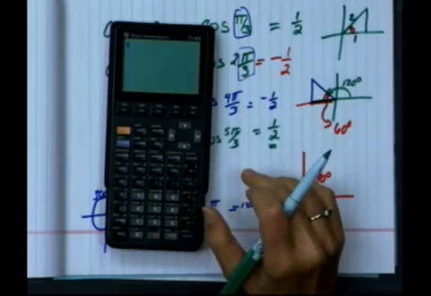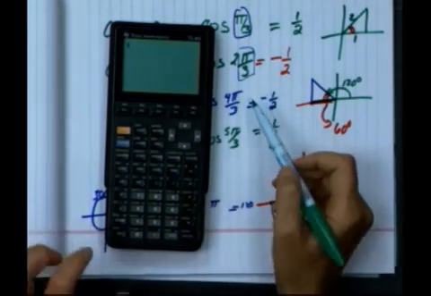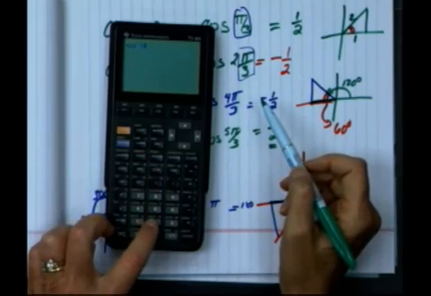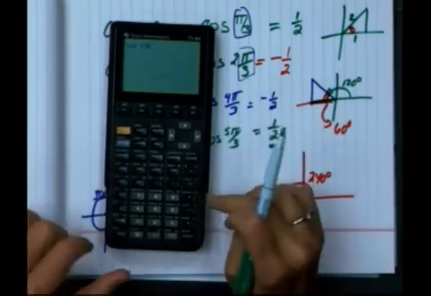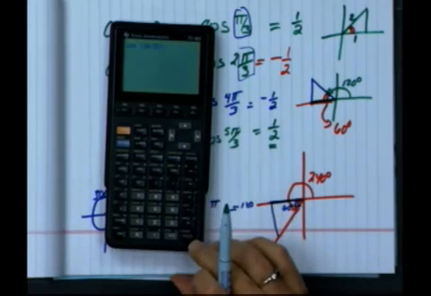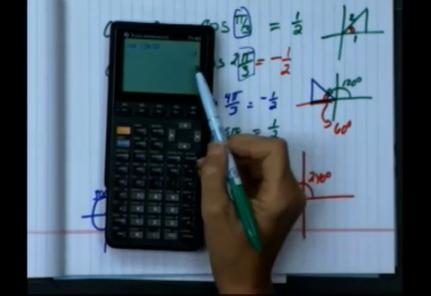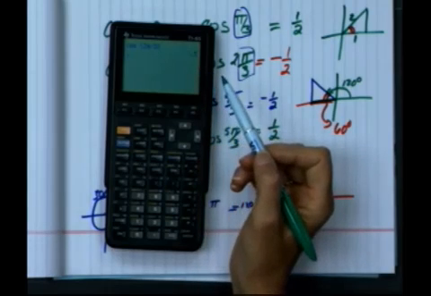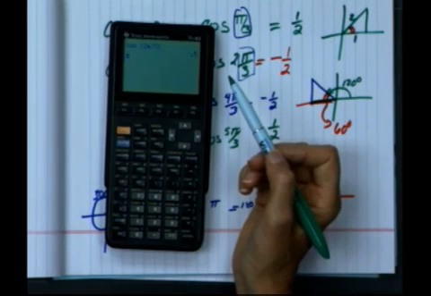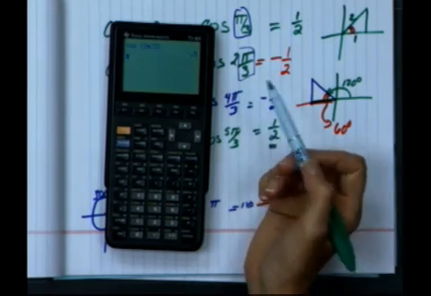I really appreciate that you asked this. All right, I'm going to do cosine parentheses 2 pi divided by 3, and there's my negative 0.5. You have to be careful about the mode you're in. If the angle is in degrees, you definitely have to be in degree mode.